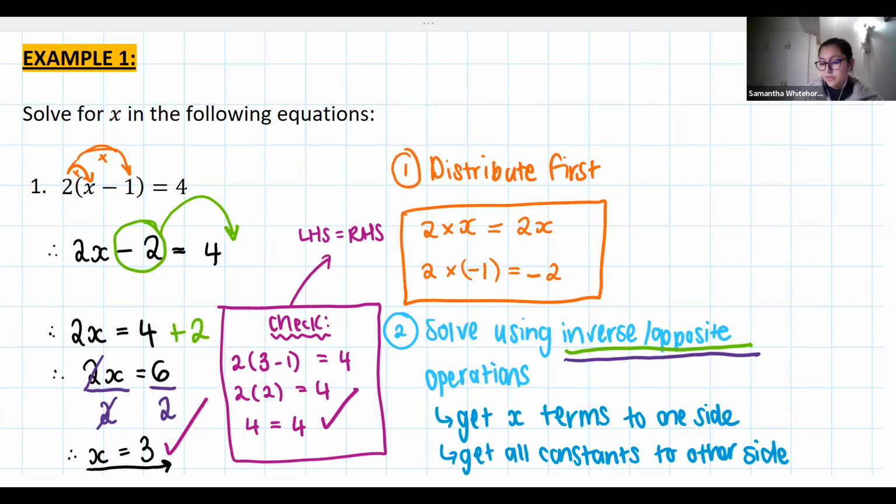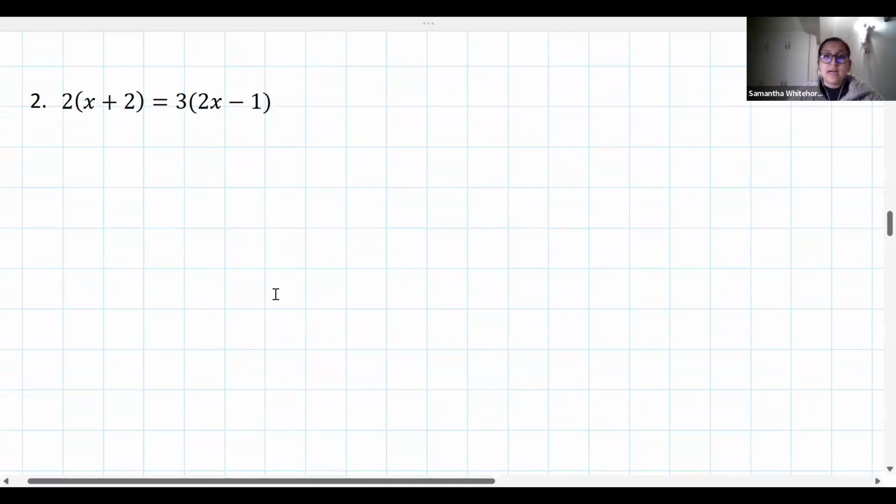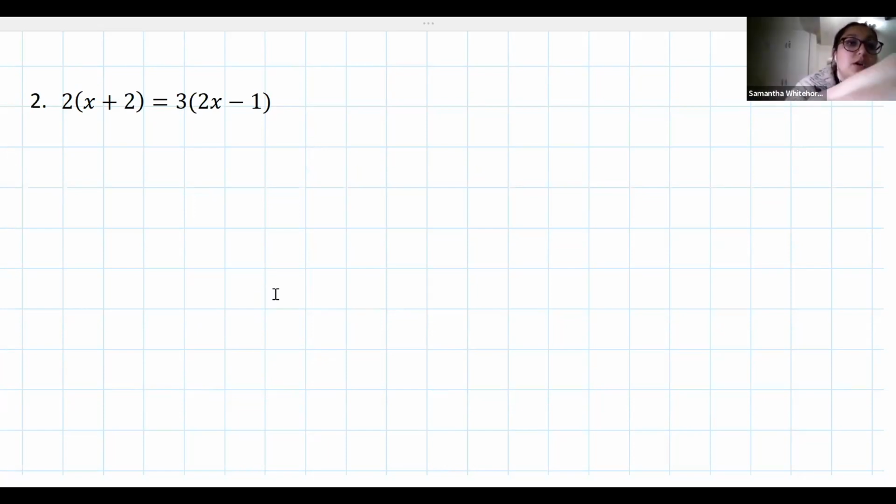Okay, guys, I'm assuming we've all got our screenshots. Let's move on and have a look at another one. So this is now exactly what Cameron was asking. What happens if we've got x on both sides? We can see we've got x on both sides here. But again, nothing changes. We see that we've got distribution. So that's the very first thing that we do. So I'm going to have to multiply.